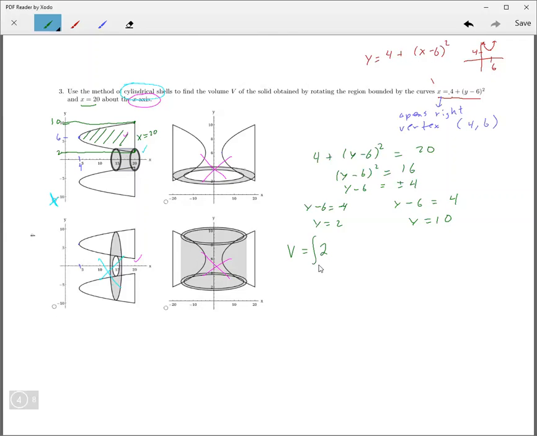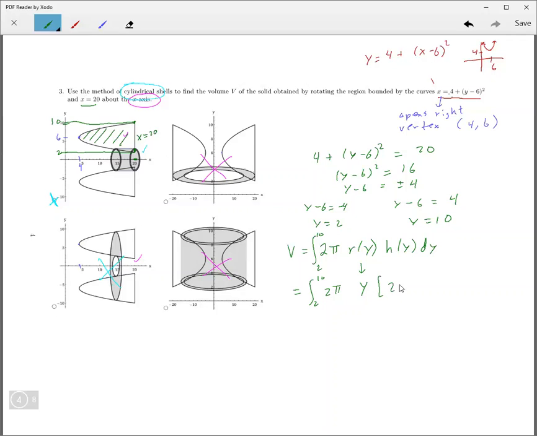So the integral from 2 to 10 of 2 pi, and then we have r of x. No, it's going to be r of y now because we're integrating in the y direction. And then h of y. Okay, the radius is going to be from the x-axis up to this point here, which is y. So that's going to be y. And the height is going to be from the curve to 20.